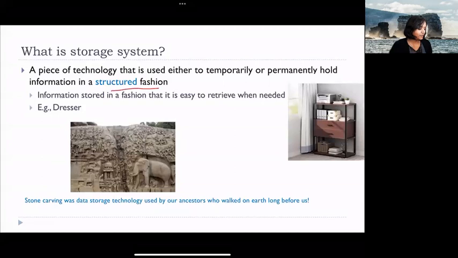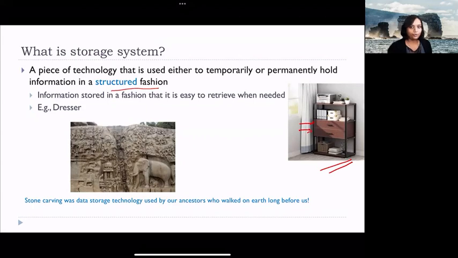Now, note that storing the data is not enough, but rather being able to store it in an organized way is important, because otherwise we won't be able to get the data out from this technology. Now, imagine the neatly arranged organizer here on the right side. If you know what items you stored in the first and the second drawer, then you could just open that to get that item.